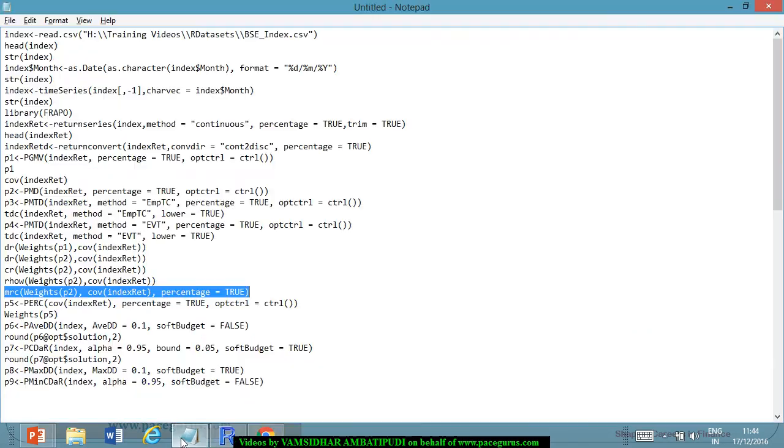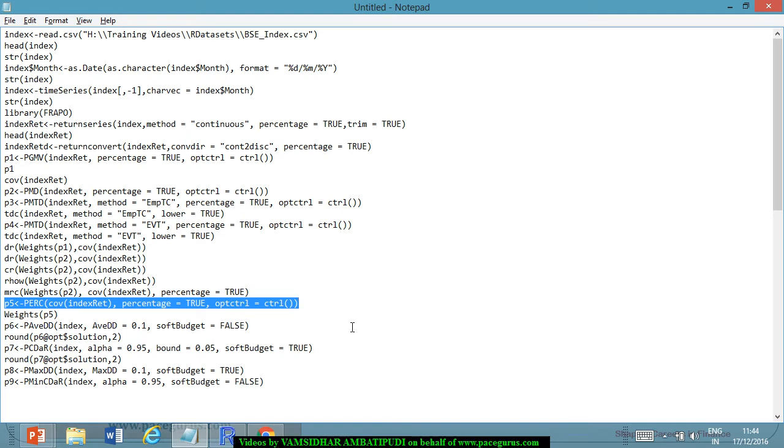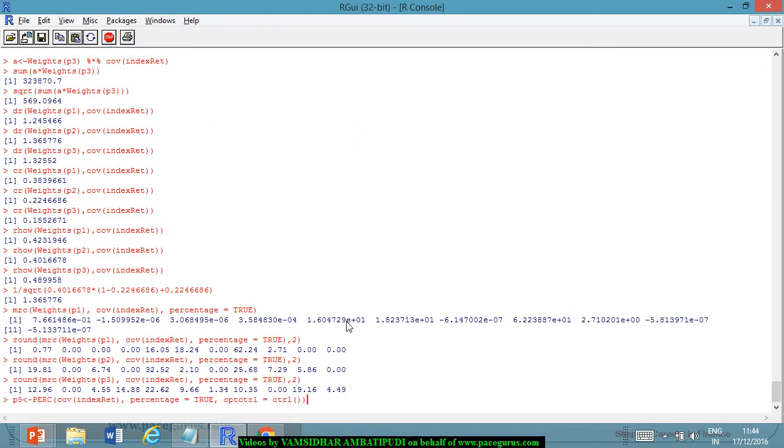Let me try out the code for it. So if you see, I am using P5 as the name of the model. PERC is the name of the function that we are using, which is the equal risk contribution kind of portfolio. I'm giving the variance covariance matrix, which is the covariance of the index returns, which will compute the variance covariance matrix of the portfolio.